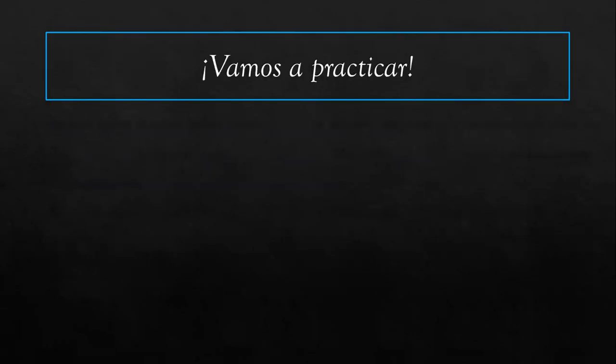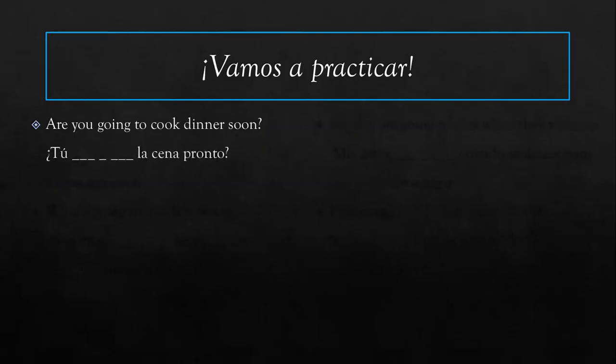So now I want you guys to get some practice in. We have, are you going to cook dinner soon? In Spanish, this would look like to blank la cena pronto. Be thinking about how you would say you are going to for the near future tense.